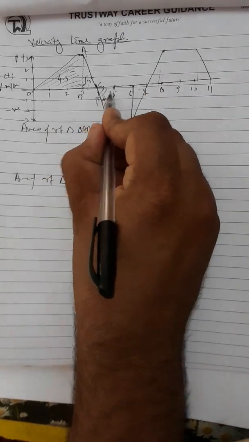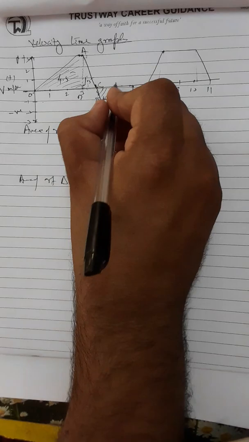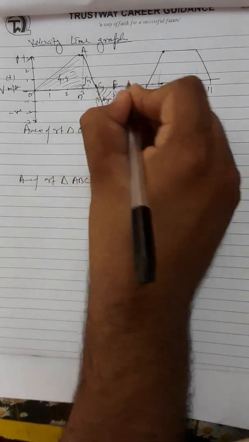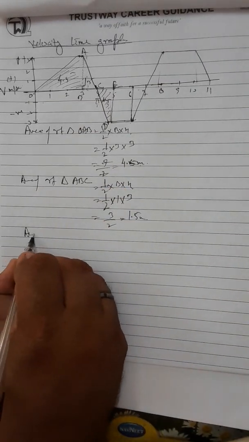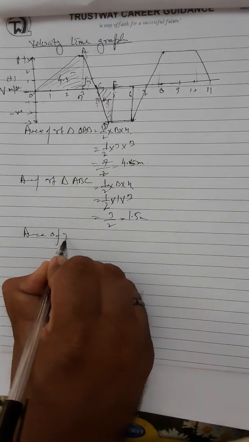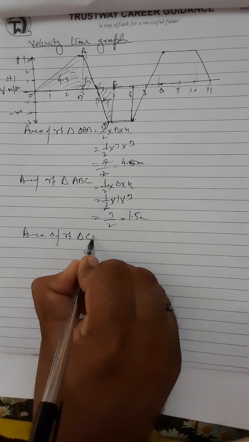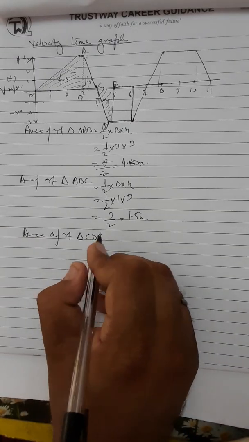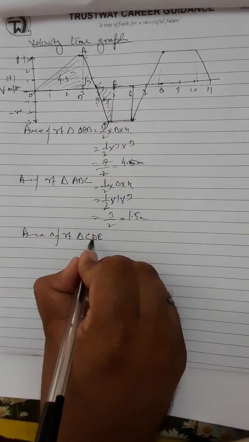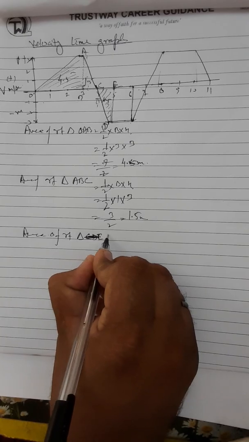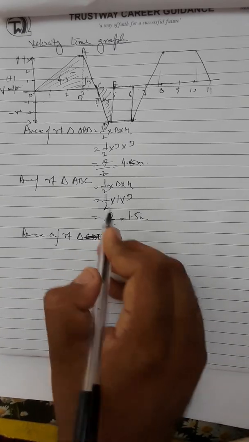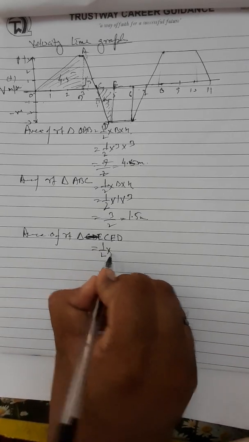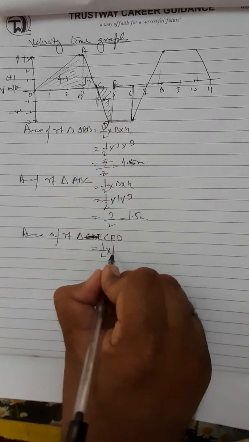For example, if I calculate this, what will be the area of this? C, D and E. Area of right triangle CED, not CDE, because it is right angle at E. Half of base, how much? 5 minus 4, 1.